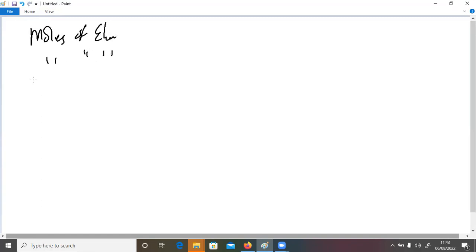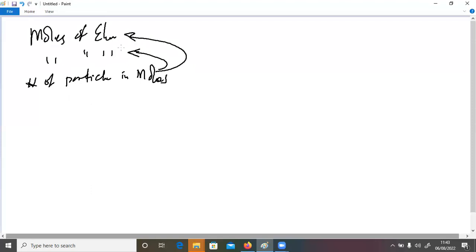We have come across the number of particles in one mole of simple compounds or simple elements. And then after that, I think we checked something to do with percentage composition, and checking what makes up compounds.